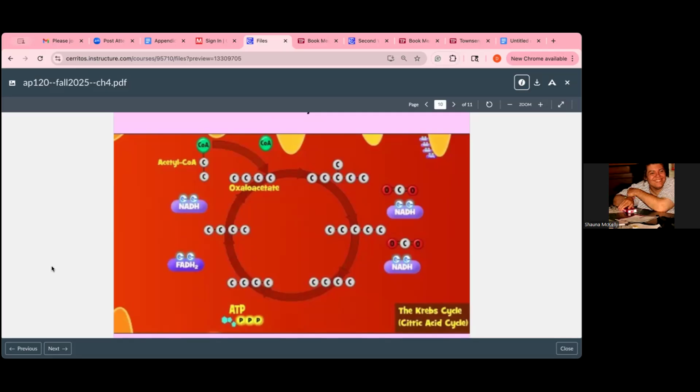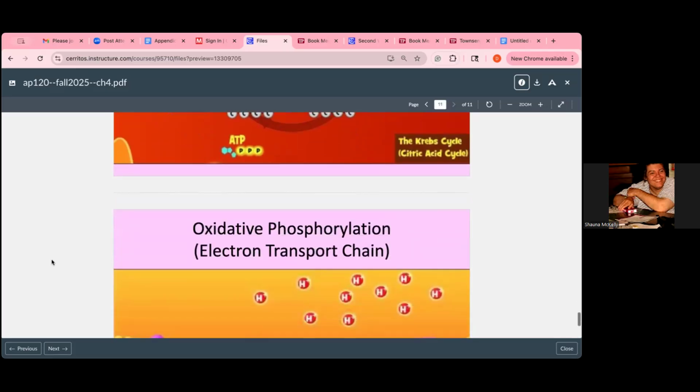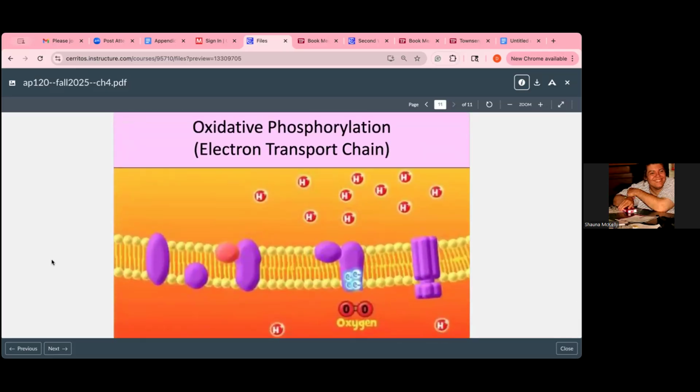Okay, then what? What does he have after that? Is that it? Or there's one more? Okay, and then here's a picture of the electron transport chain, which doesn't really tell you much. It just shows you how this is taking place in the mitochondrial membrane. It's showing you how these hydrogen atoms cross the membrane.